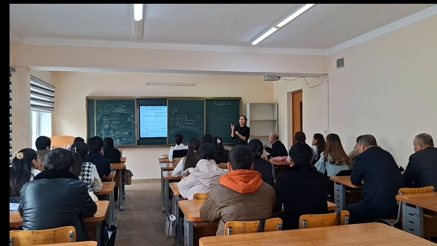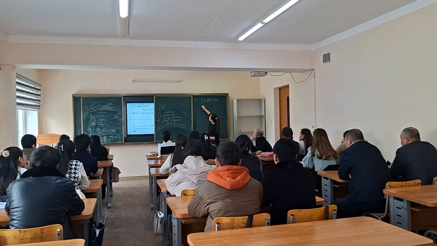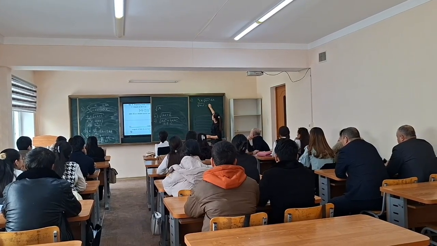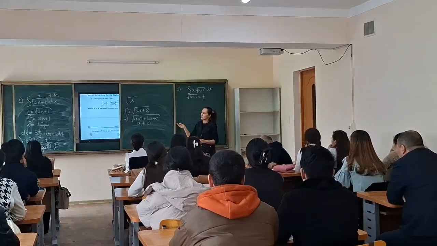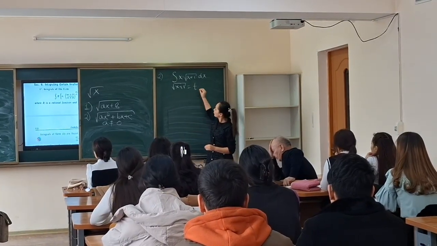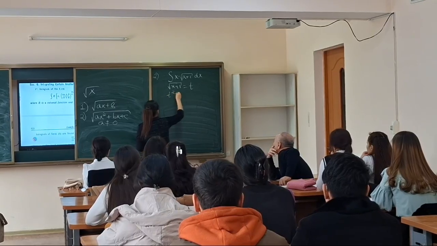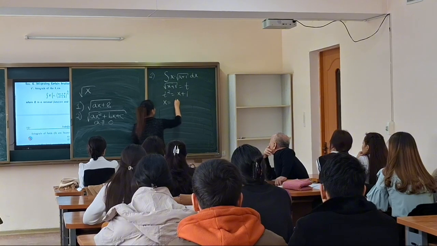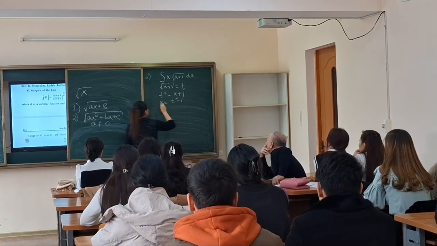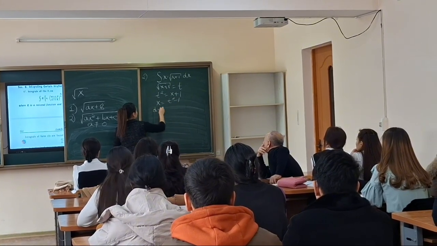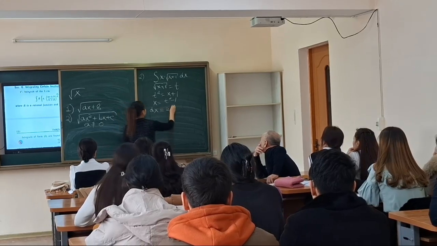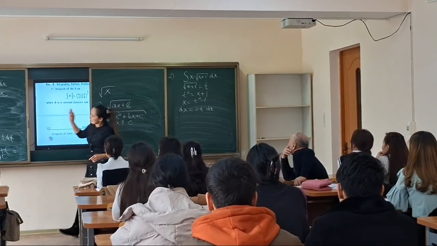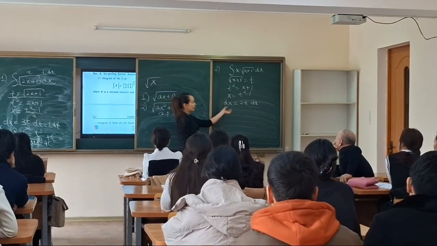We substitute t for this square root, it is equal to t, and the process is repeated: we square both sides, and we should find x in terms of t, and the derivative of x, the differential of x, dx. Be careful, there is 2t dt.